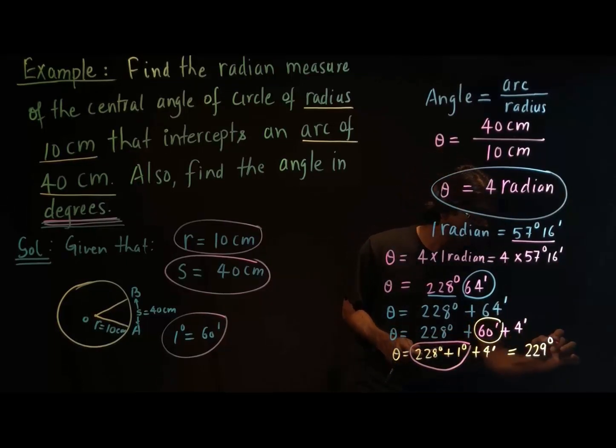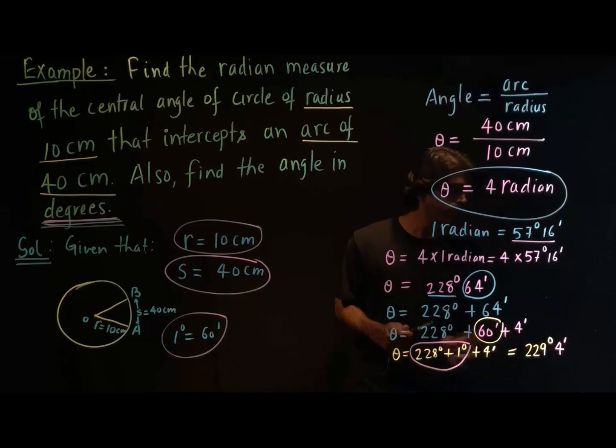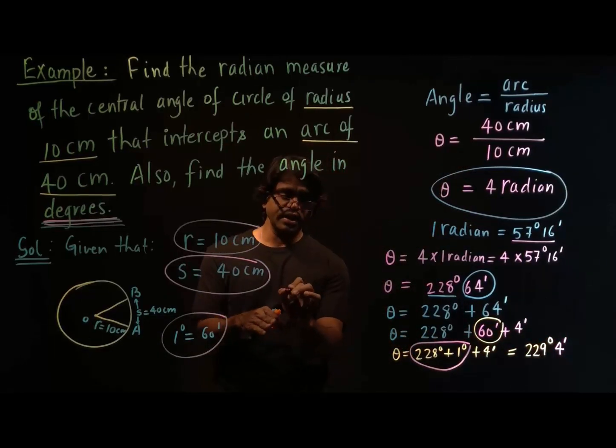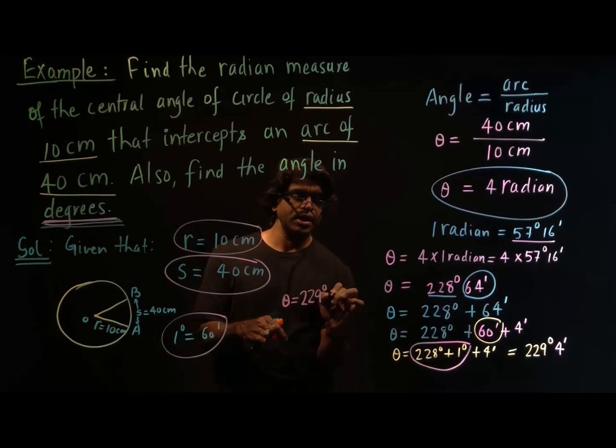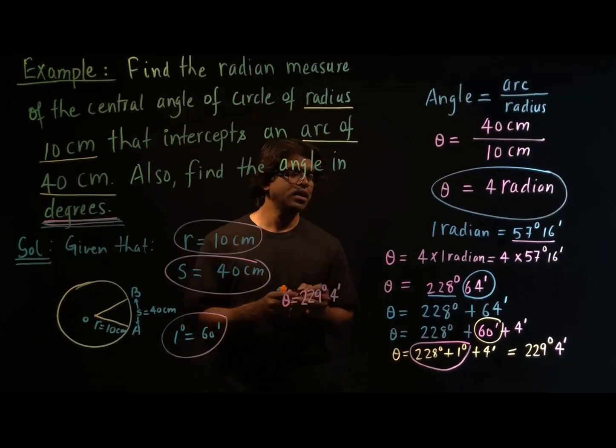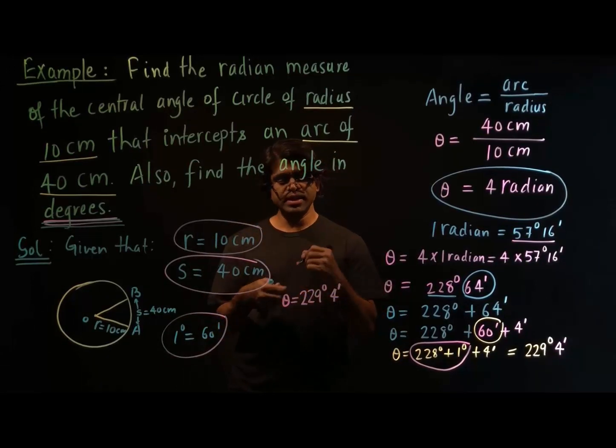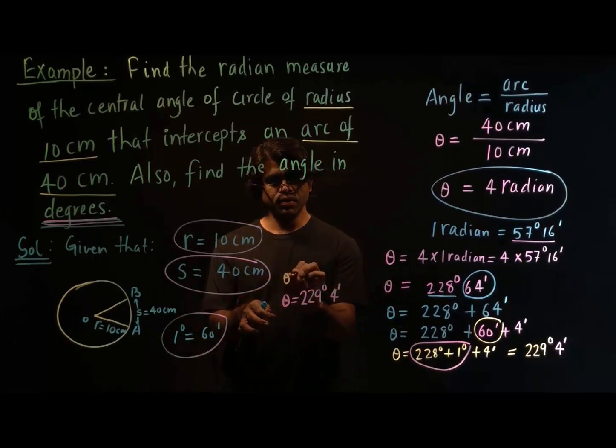And then I'm left with 4 minutes. So the value of the angle in terms of degree is 229 degrees and 4 minutes, which is the same as 4 radian.